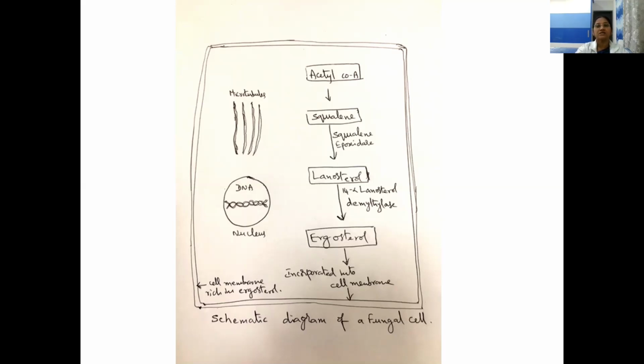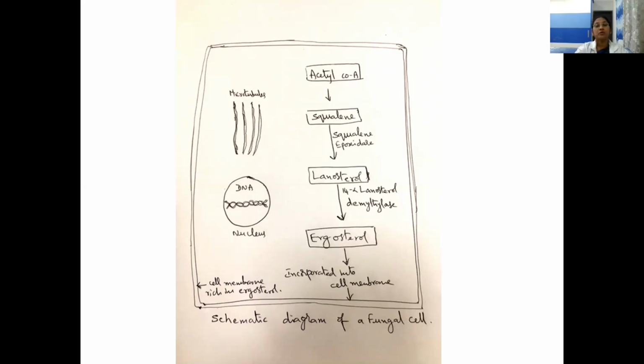This ergosterol is incorporated into the cell wall. So the cell wall consists of ergosterol, beta glucans, and chitin. These three compounds maintain the integrity of the fungal cell wall.